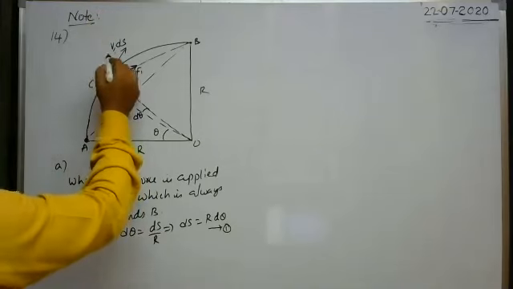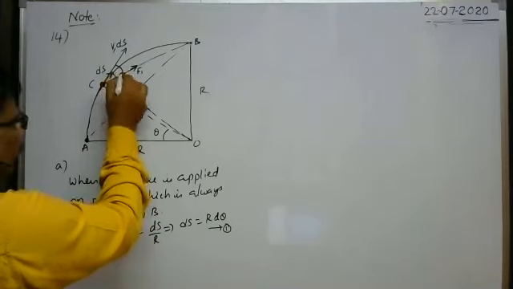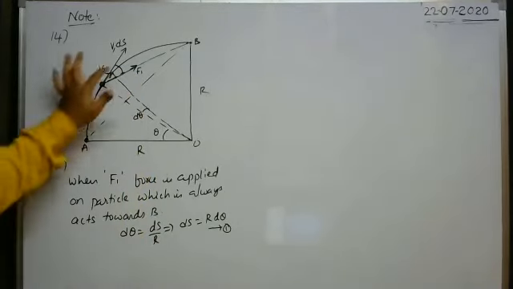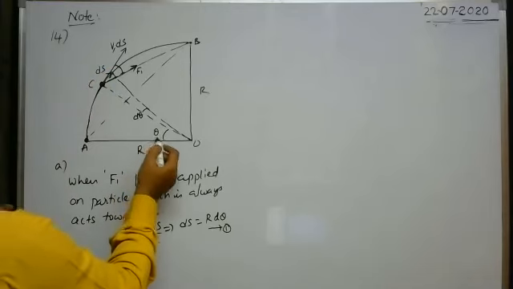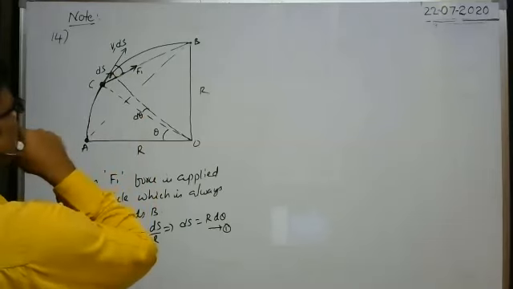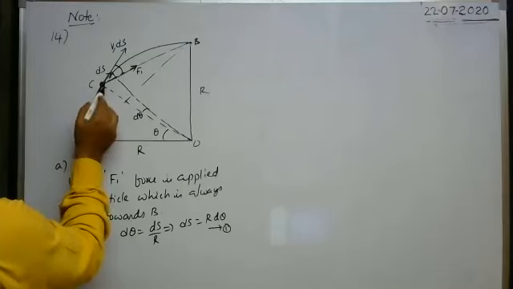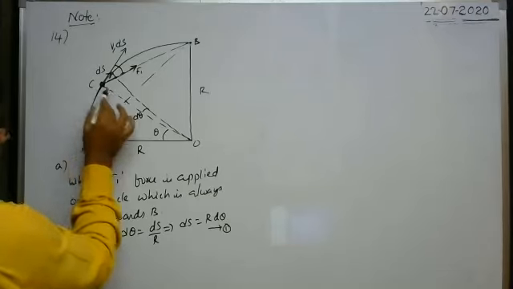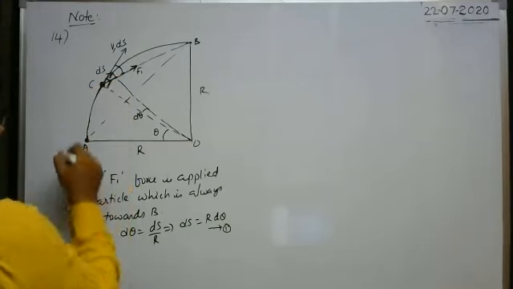Okay, what is the component of this displacement along the direction of the applied force? This angle we need. What about that angle? If it is theta, then how can we find this angle? As this is the tangent drawn at this point, definitely the line joining this position of the particle and the center and this tangent make 90 degrees. Here it is 90.